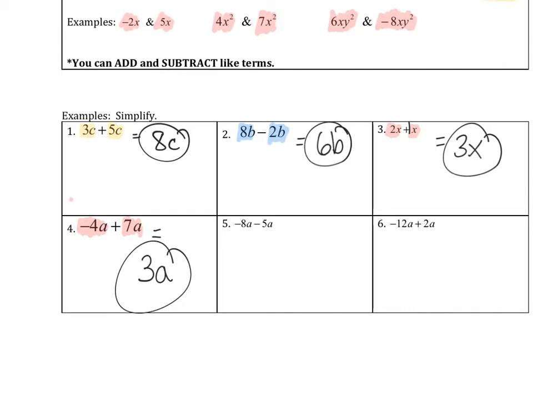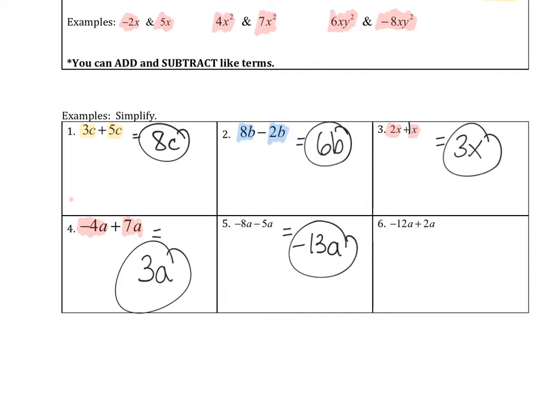In the next one, we have like terms, -8a and -5a. Those are like terms. So -8 minus 5, they have the same sign. So you add and keep the sign. So 8 plus 5 is 13a, and you keep the sign of both of those, which is negative. So my final answer would be -13a.